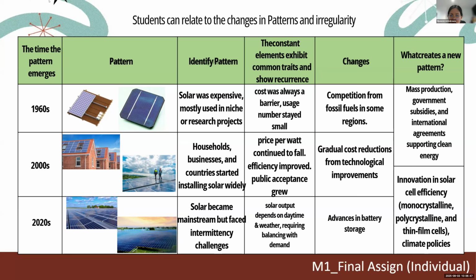And you mentioned competition from fossil fuel in some regions. This column means during the year, let's say 1960 until before 2000. Is there any development of the solar cell during that time? Okay, so your note here is a little bit off from the class objective.